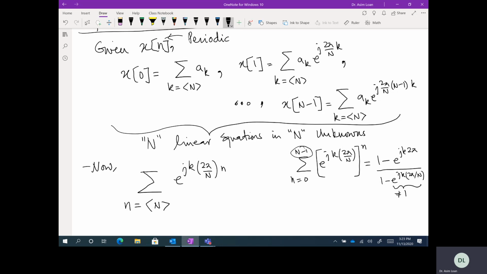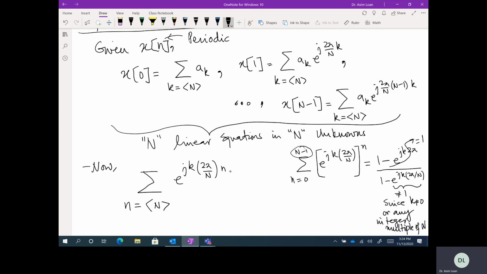This is not equal to 1 since k is not equal to 0 or any integer multiple of N. So this is not 0. If this is not 0, what is this equal to? This obviously is equal to 1. If this is equal to 1, this goes to 0.